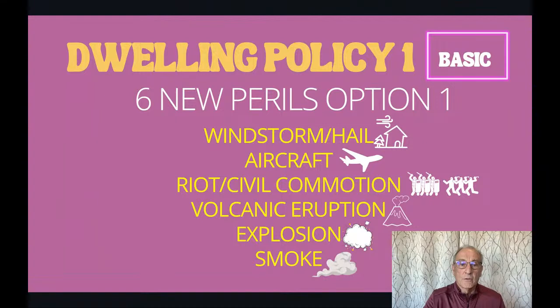So what you have here: windstorm, aircraft, riot and civil commotion, volcanic eruption, explosion, and smoke. These are the 6 new perils you get when you add extended coverage option 1. So this would be like adding extra things on your little pizza, okay? If you want to remember these, this would be a good thing to put on a flashcard. So you know what is extended, what 6 perils do we add on the basic policy.